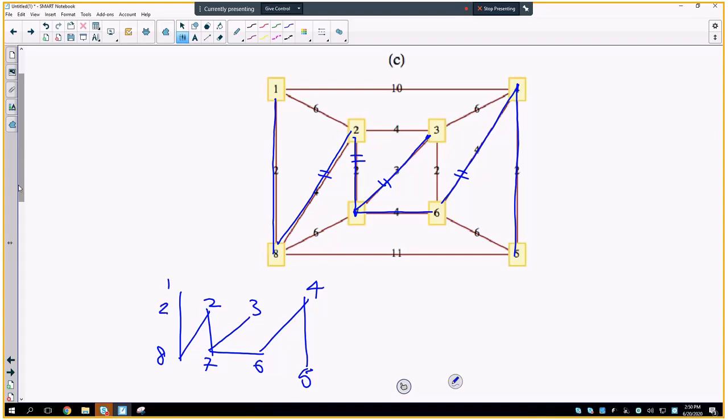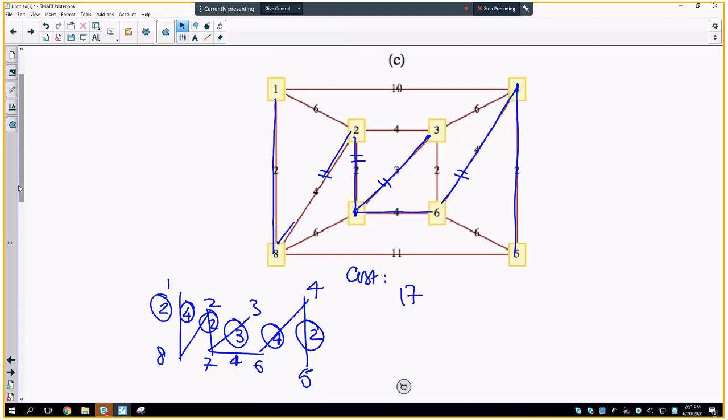So this was, I believe, 4, yeah. So 4, 2, 3, 4, 4, 2. So it is 2 plus 4, 6 plus 2, 8 plus 3, 11 plus 4, 15 plus 2, 17. So the minimum cost of the minimal spanning tree is 17.